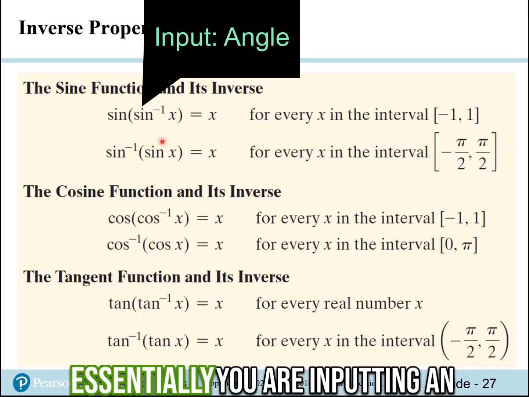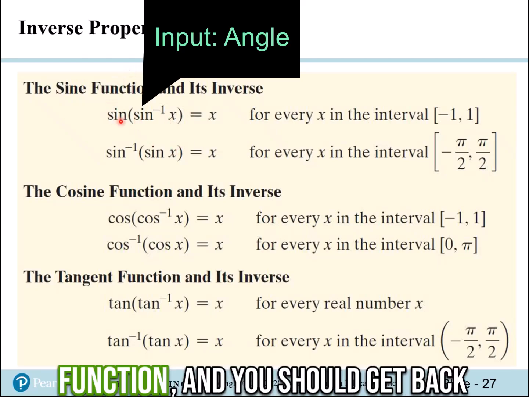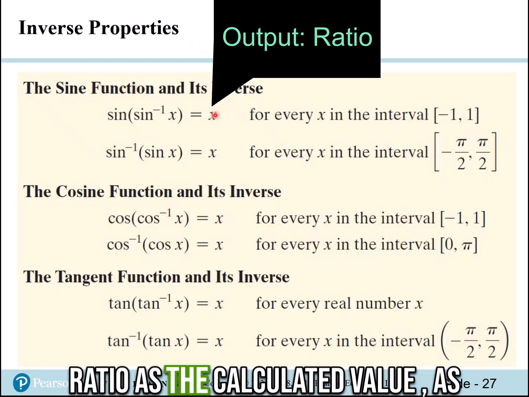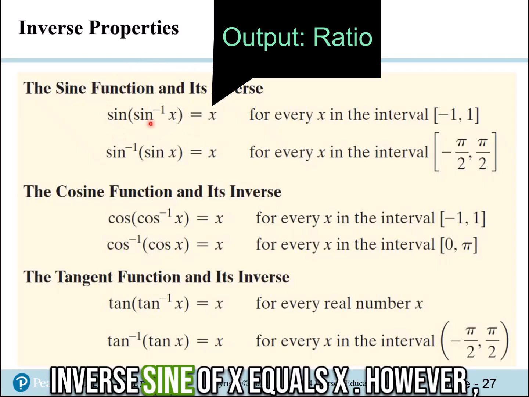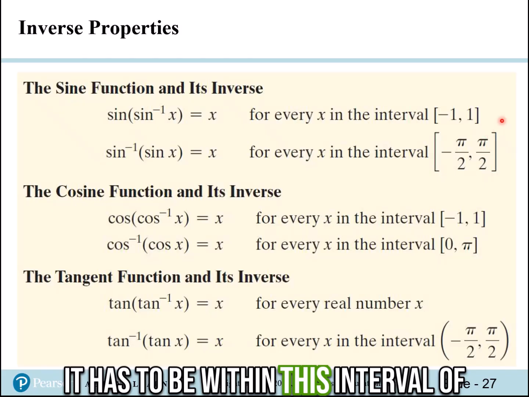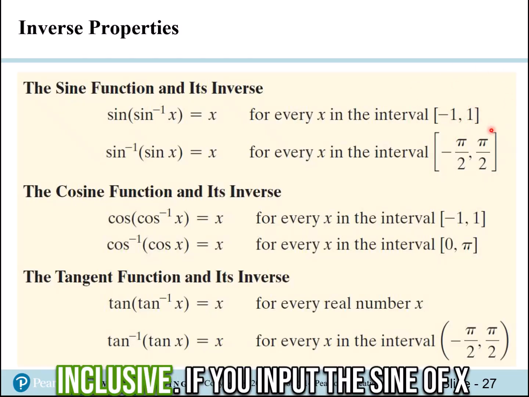So essentially, you are inputting an angle measure into the sine function, and you should get back the ratio as the evaluated value. So sine of inverse sine of x equals x. However, it has to be within this interval of -1, +1 inclusive.